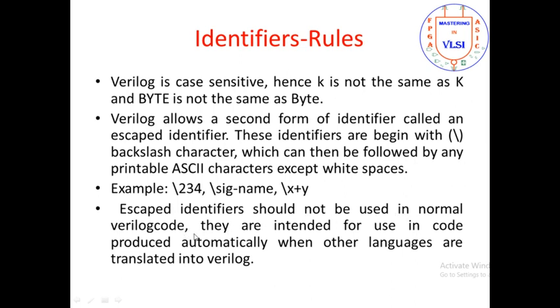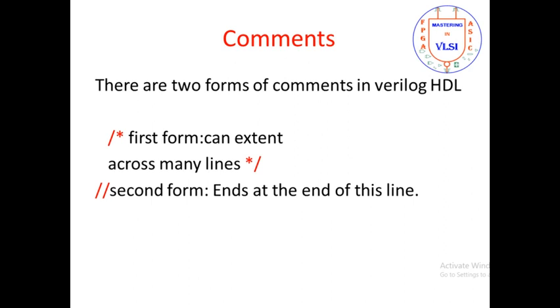They are intended for use in code produced automatically when other languages are translated into Verilog. Say, for example, there is a software tool, XHDL, which is used to convert Verilog to VHDL and VHDL to Verilog.